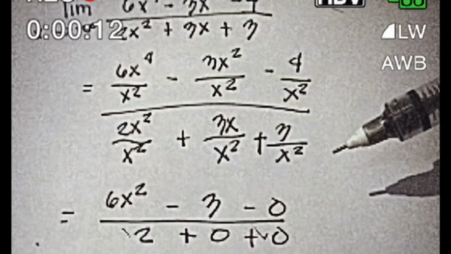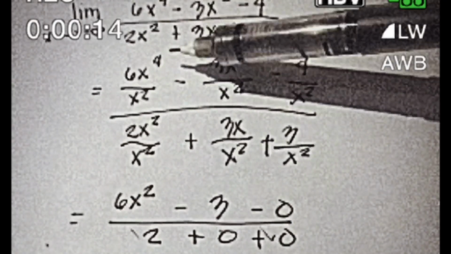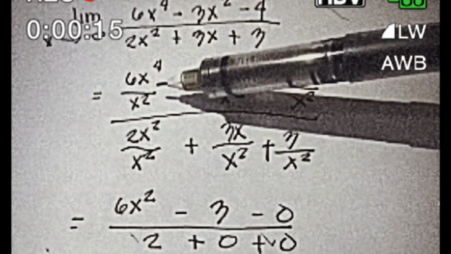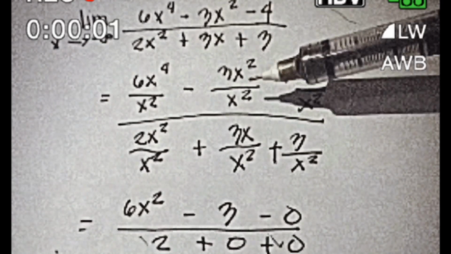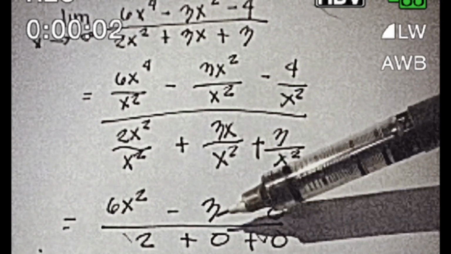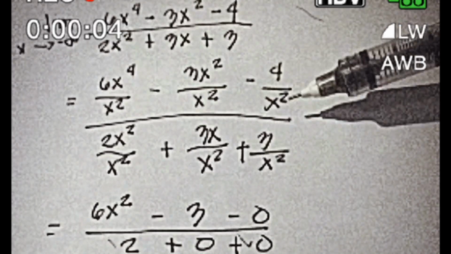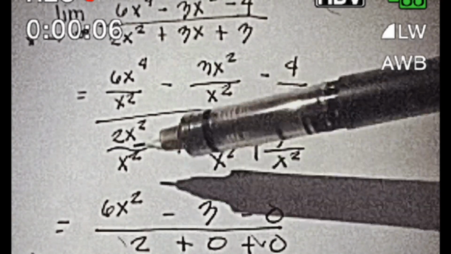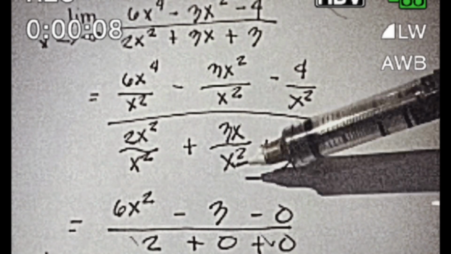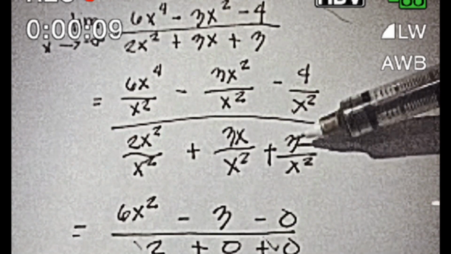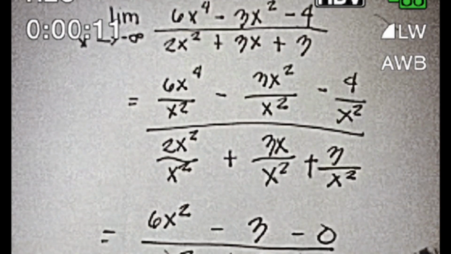We have x squared, so x raised to 4 divided by x squared is x squared, and 6 times that is 6x squared. 3x squared divided by x squared is 3. 4 divided by x squared is 0. 2x squared divided by x squared is 2. 3x divided by x squared is 0. 3 divided by x squared is 0.